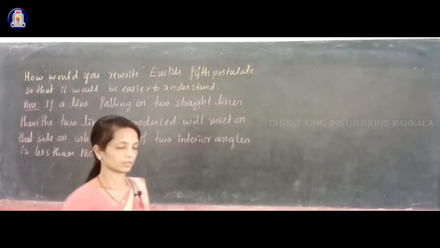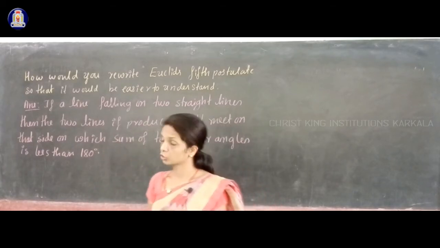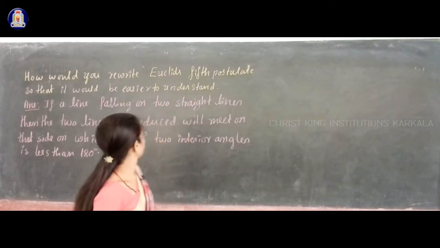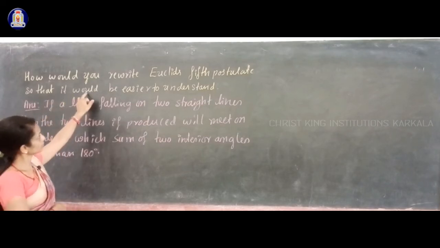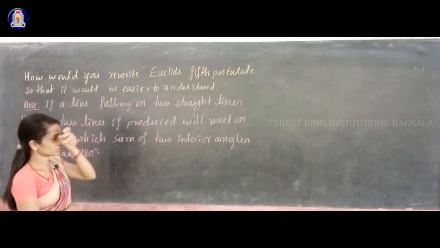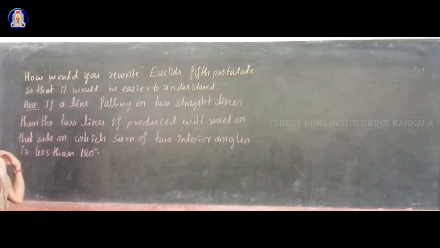Okay, thank you. So the next question is, how would you rewrite Euclid's fifth postulate so that it would be easier to understand? I wrote Euclid's fifth postulate in an easier way so that you can understand it more easily than the original fifth postulate.